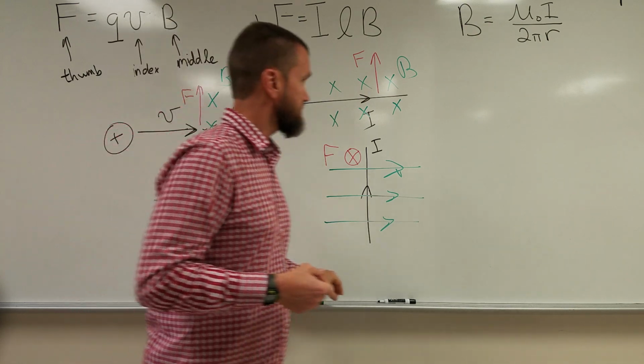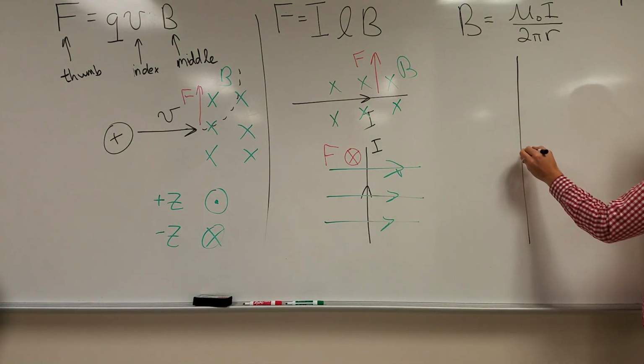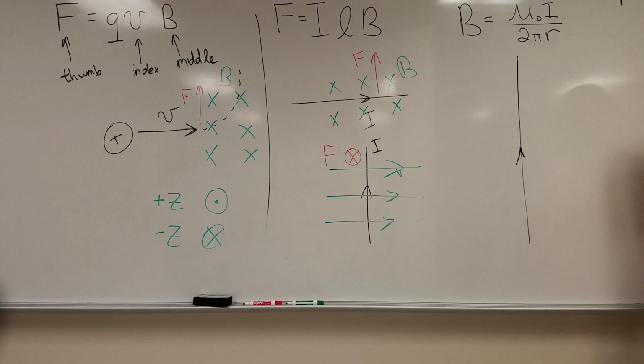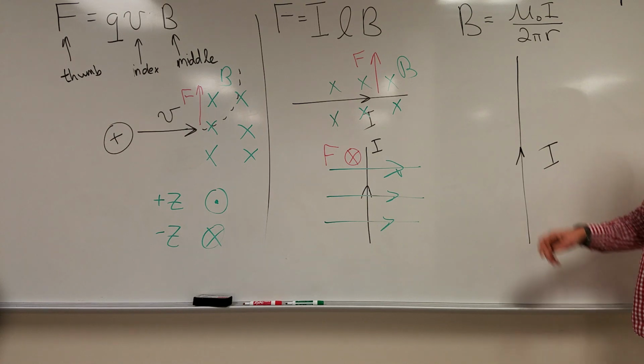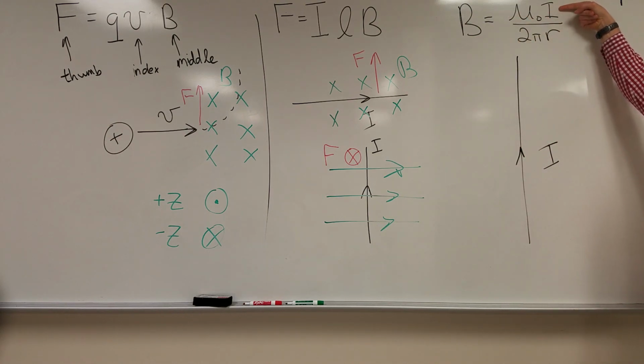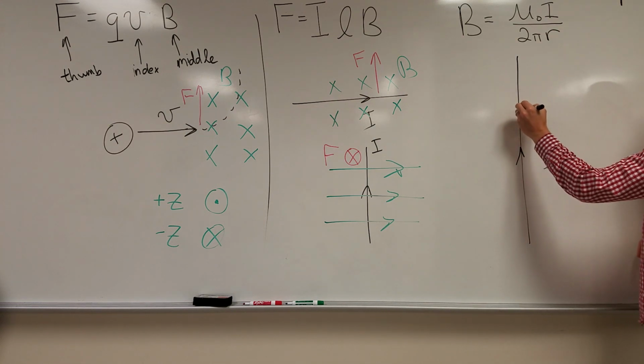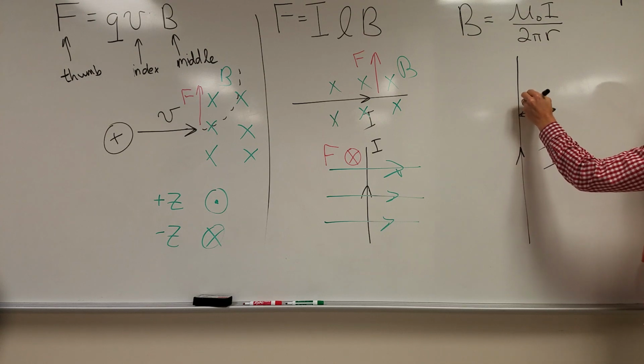All right, now next is mu naught I over 2 pi r, and this one's a little bit different. Imagine I have a current that's traveling in this direction. A current-carrying wire generates a magnetic field. The magnetic field of a wire with a current in it is equal to mu naught I over 2 pi r, where r is just the distance from the wire.